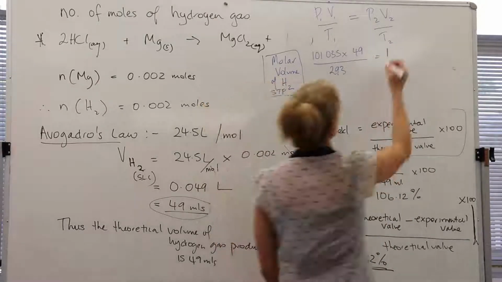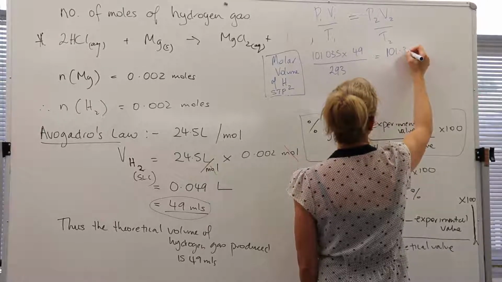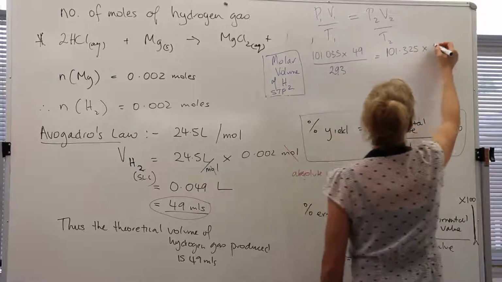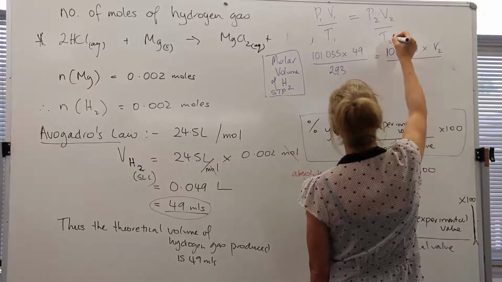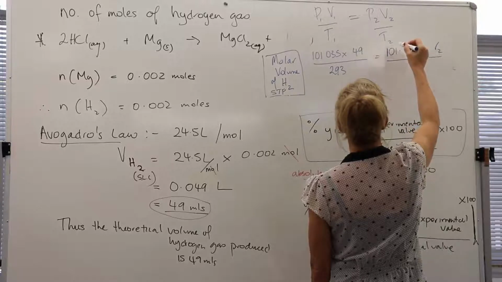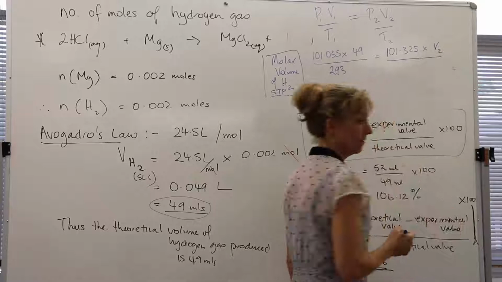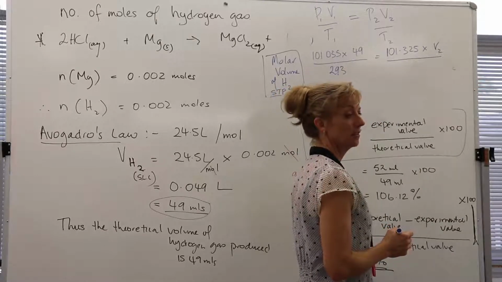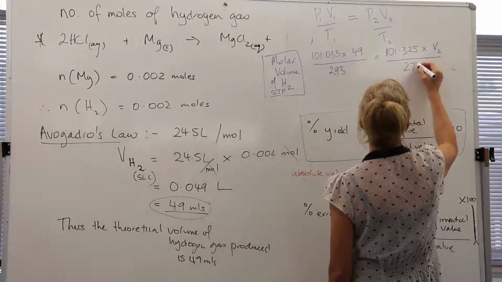What's the pressure? 101.325 kilopascals. Times, well, we don't know, we want to know what our V2 is, over our temperature in Kelvin at 0 degrees Celsius. What is it? 273. Yes, very good. Let's just leave it as 273.